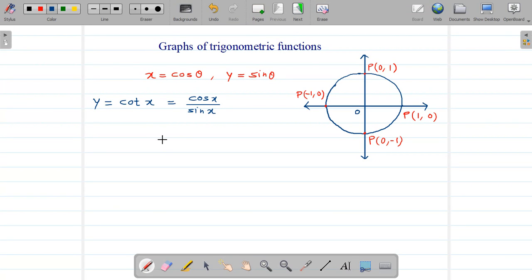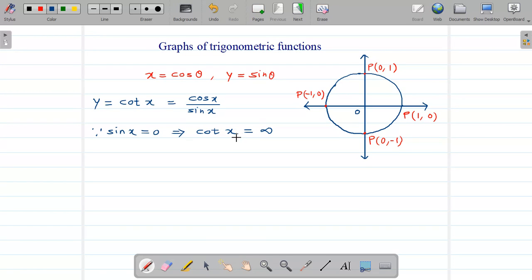To decide the domain of the cot function, we have to remove all the points from the real line where sin x becomes 0, because if sin x is equal to 0, that implies cot x is equal to infinity.